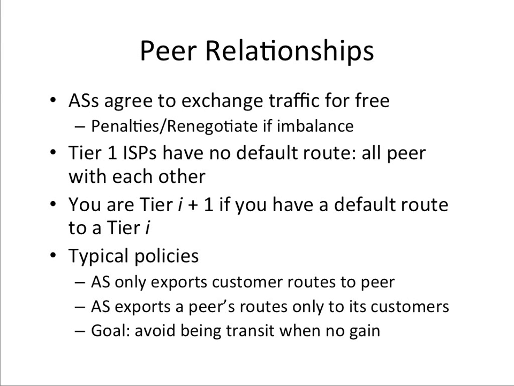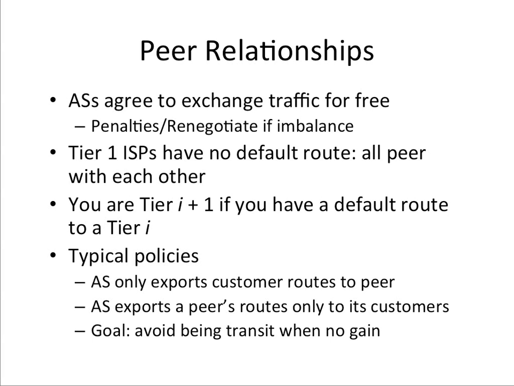There's another type of relationship called peering relationships. If two ISPs decide to connect to each other without one party paying the other, those are called peering relationships. And usually these relationships exist across ISPs that are somewhat equal, or when both of them stand to benefit to approximately the same extent.